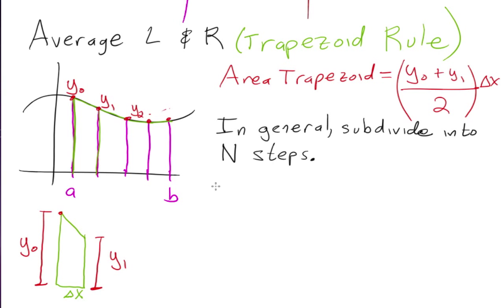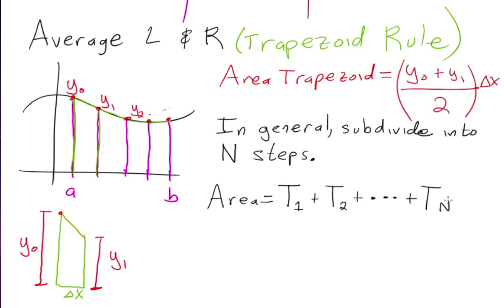So the area would equal the sum of the areas of all the trapezoids, right? Okay, so simple idea. Let's call it T1 plus T2 plus dot dot dot T sub n, right?